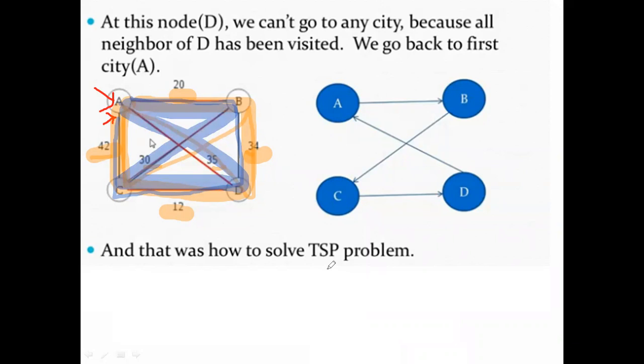So the next one: suppose you visit A to D, D to B, B to C, C to A. That is one solution. Another solution is A to D, D to C, C to B, B to A. So these are all the different solutions. So from these solutions, which is the best? Okay. So how can you find it?